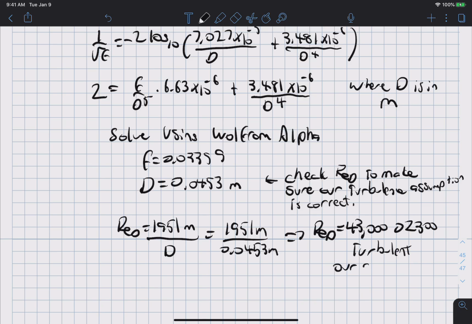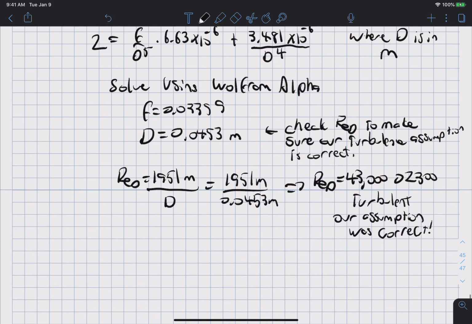And so our assumption was correct. Okay, and if Re_D happened to be less than 2300, we would have to redo the analysis with the Darcy friction factor and use the laminar relation for that. Okay, and so we can conclude that the pipe diameter is equal to 45.3 millimeters.